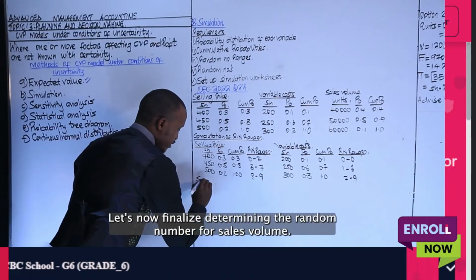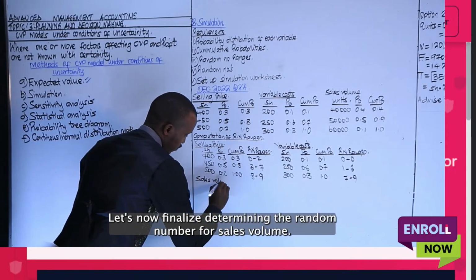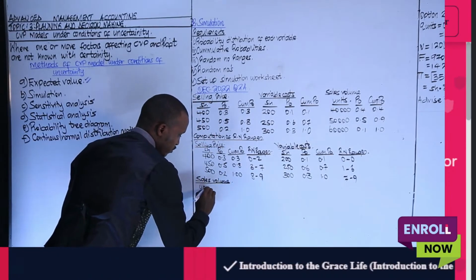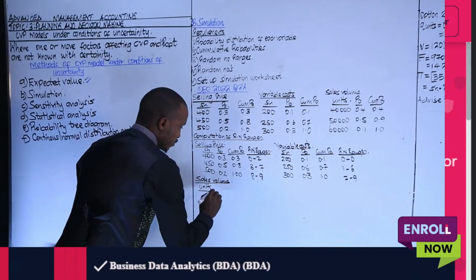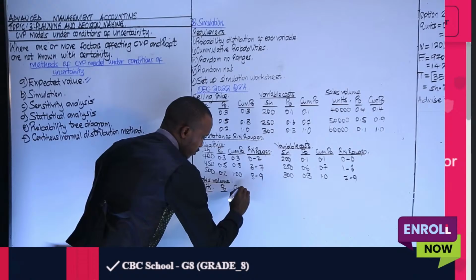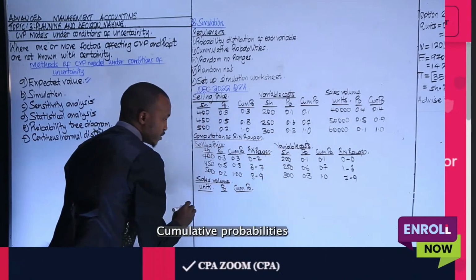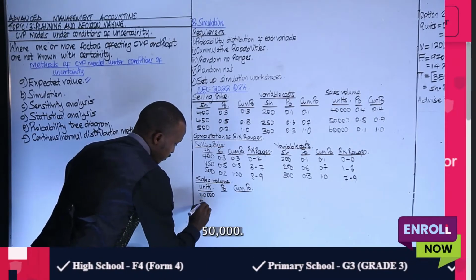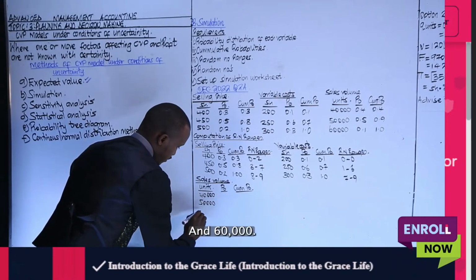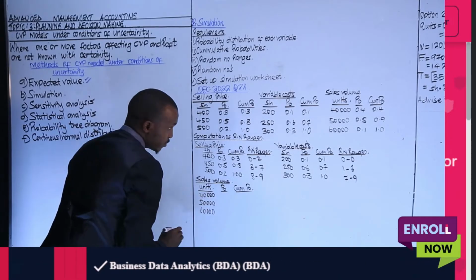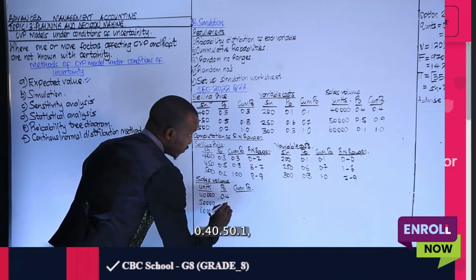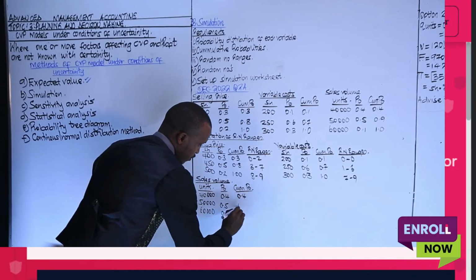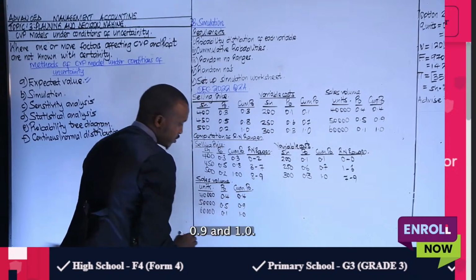Let's now finalize determining the random number ranges for sales volume. Cumulative probabilities: 40,000, 50,000 and 60,000, with probabilities 0.4, 0.5, 0.1, and cumulative 0.4, 0.9 and 1.0.